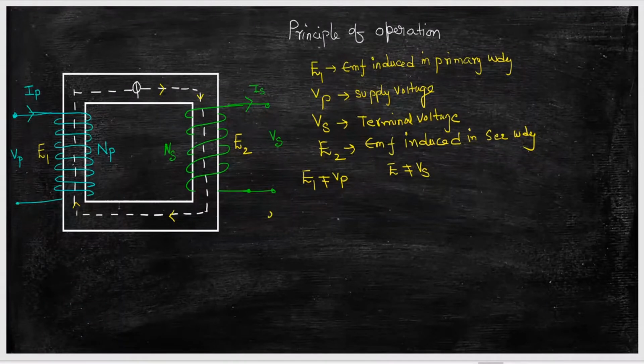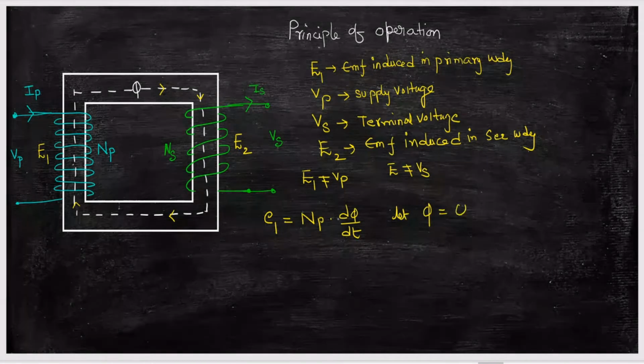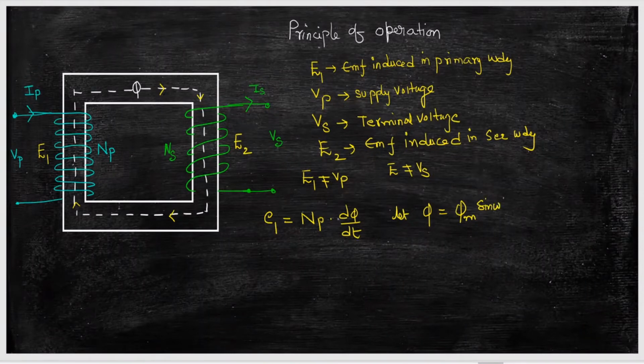According to Faraday's laws, E1 is equal to the number of turns on the primary side into the rate of change of flux. Let the flux flowing in the core be phi m sin omega t. Why is the flux a sine wave? Because VP is equal to Vm sin omega t, I am giving a sinusoidal voltage as input.